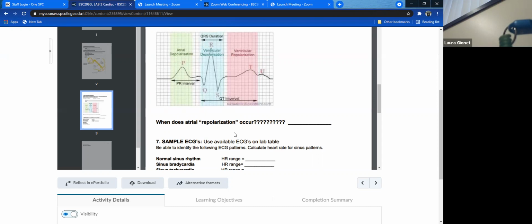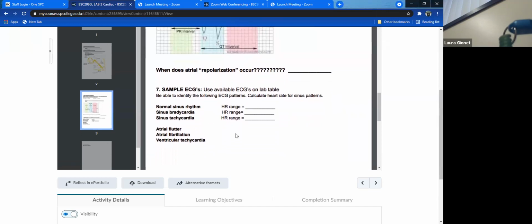The QRS shape reflects the impulse passing through the ventricular walls, not the repolarization of the atria. But for ventricular repolarization, there's only one physiological event occurring at that time, so the T wave represents quite accurately the repolarization of the ventricles.